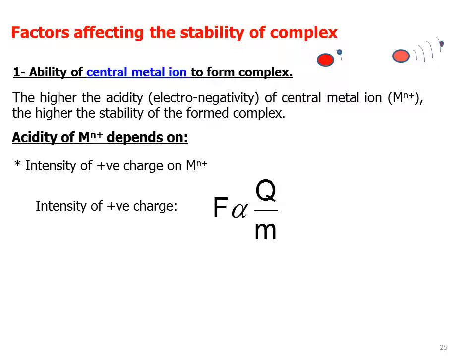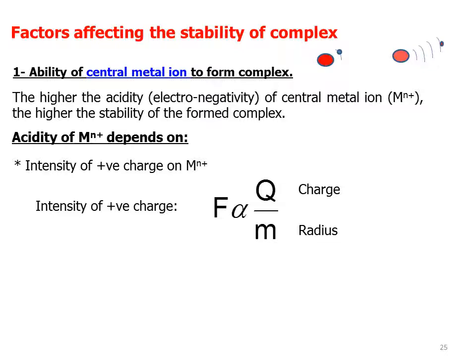It is governed by a simple formula or equation where we say the intensity, which is F, is directly proportional to the charge present on the central metal ion, inversely proportional to the radius of the central metal ion. That means if a central metal ion is dense in charge, it will eventually form a more stable complex.